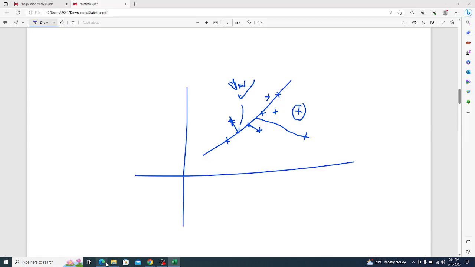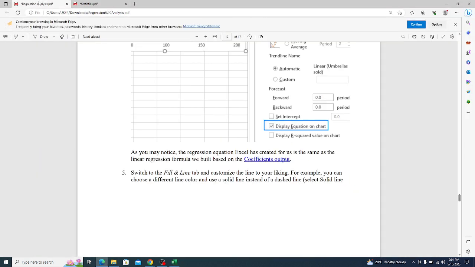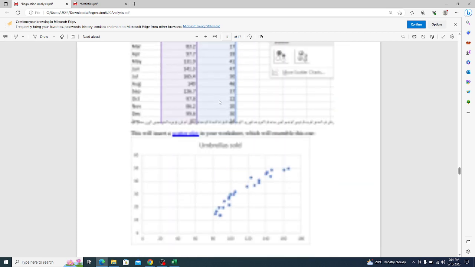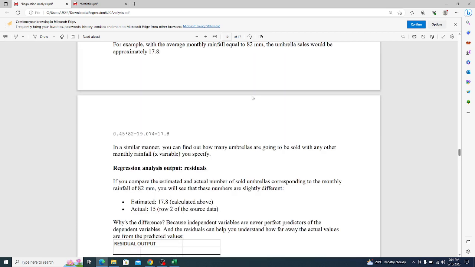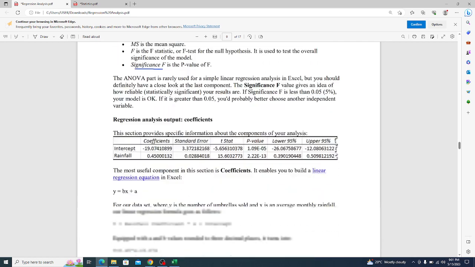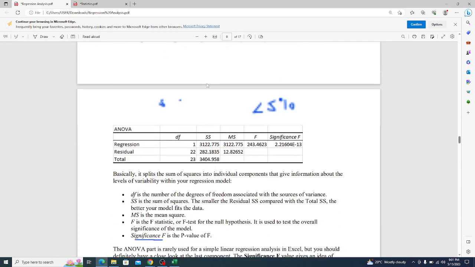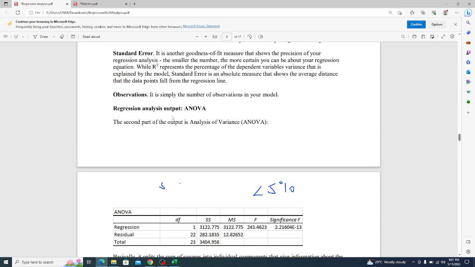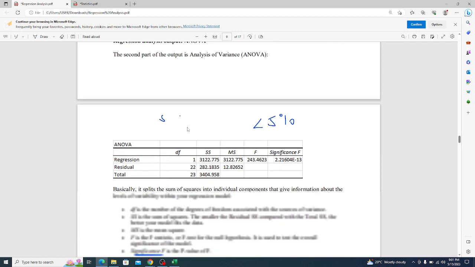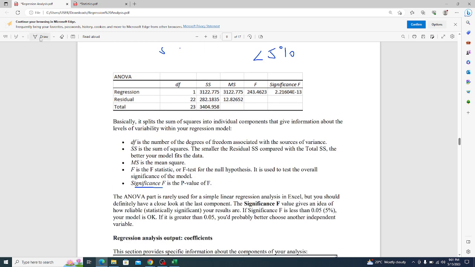Let me go through the notes which I prepared as a guideline for the ANOVA analysis, that is the analysis of variance. Basically, it splits the sum of squares into individual components that give information about the level of variability within the regression model.